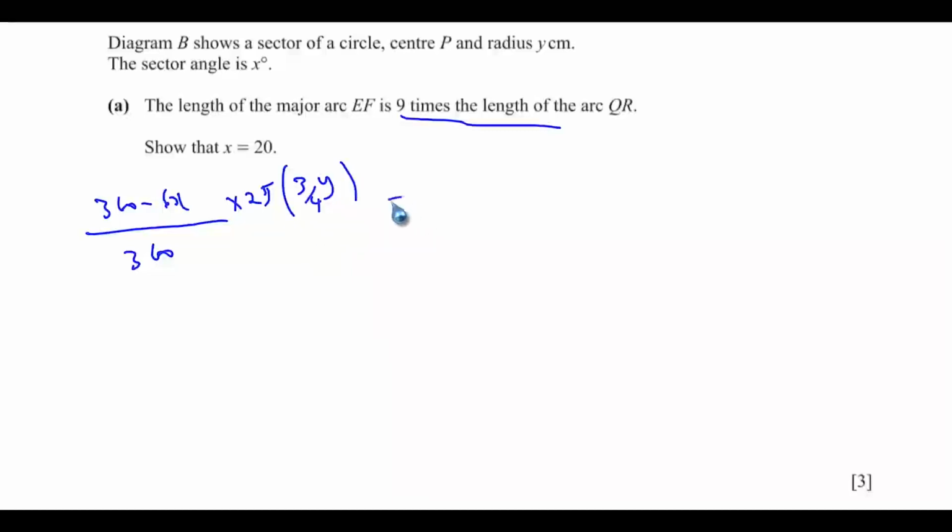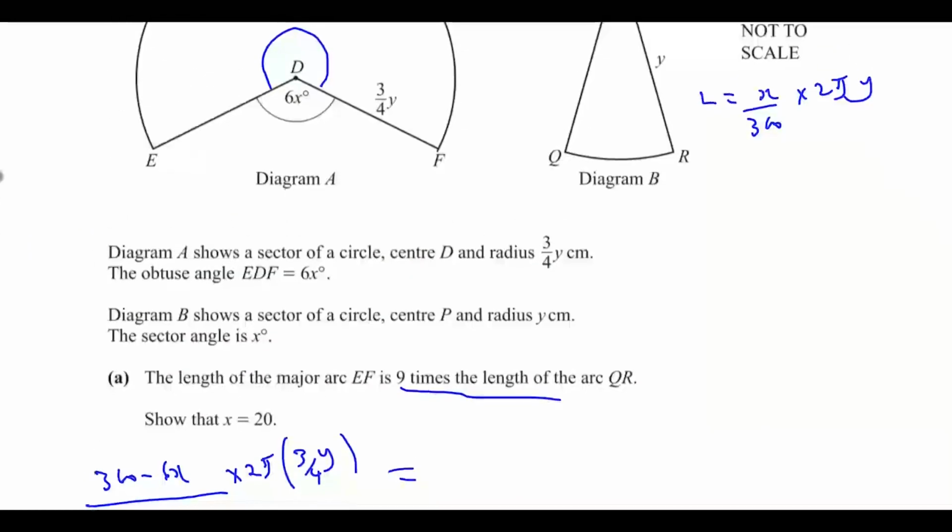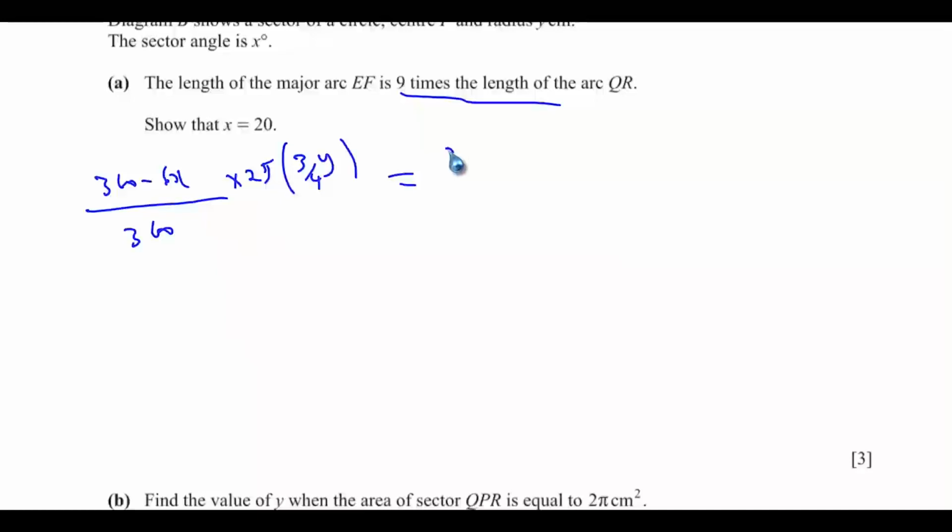Okay, then 9 times the length of an arc of QR. That is x over 360 times 2 pi, and r is y, so this one should be 9 times.